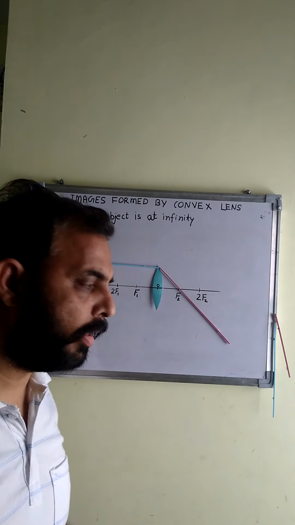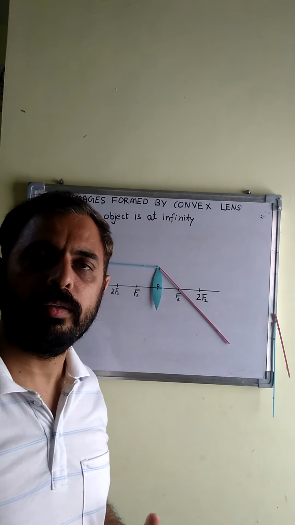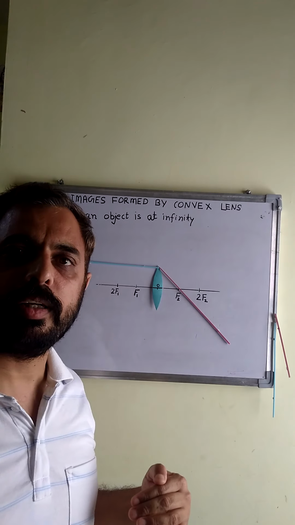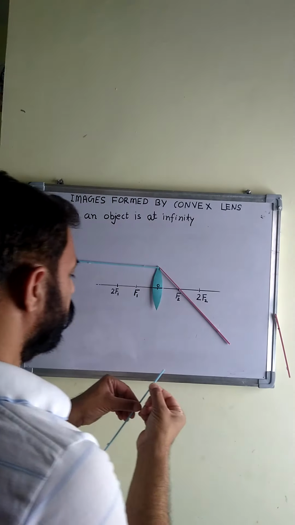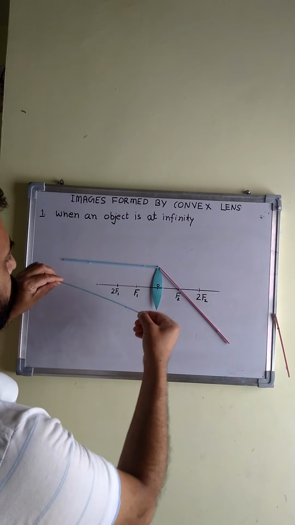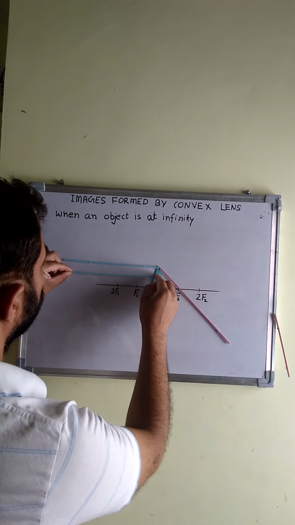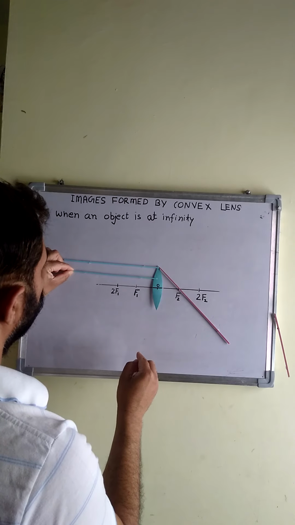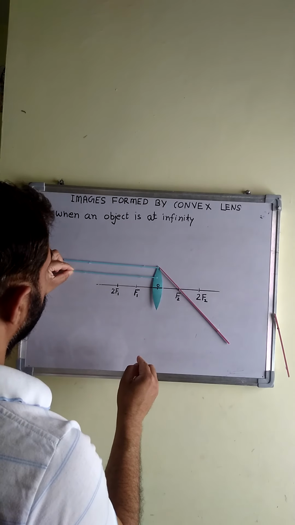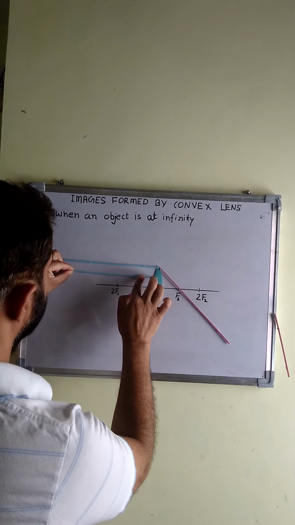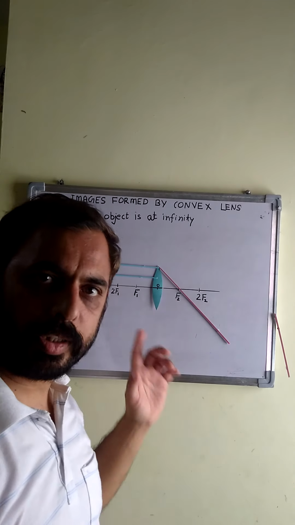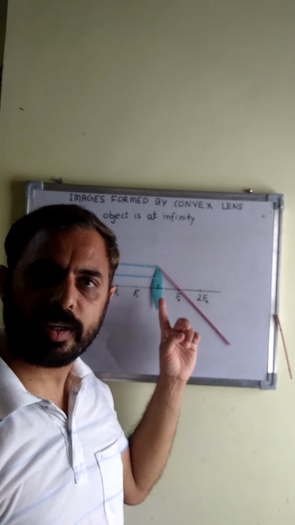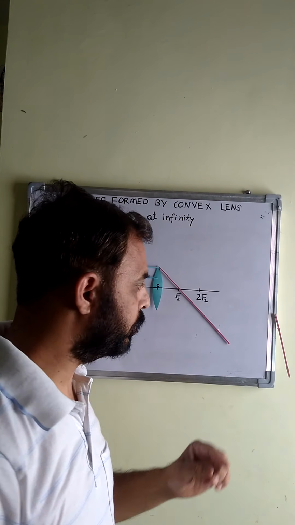One more ray is required because all rays are parallel to principal axis, so another incident ray has to be parallel. This is another blue colored stick representing the second incident ray, and it is also parallel to principal axis. So the emergent ray also has to pass through focus.